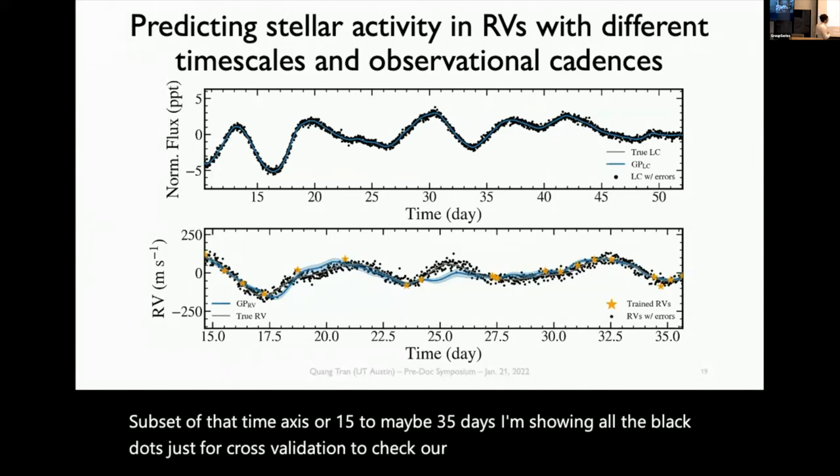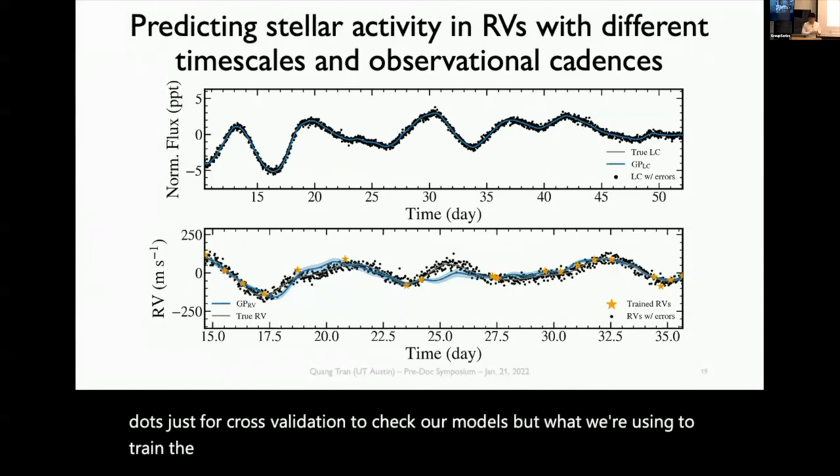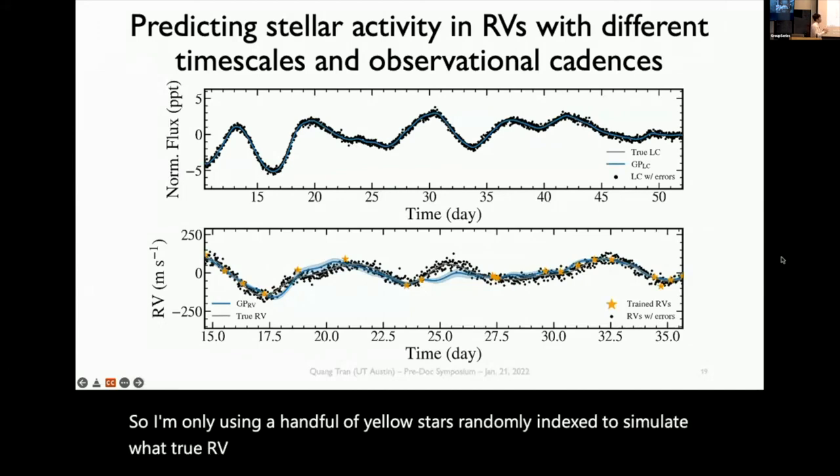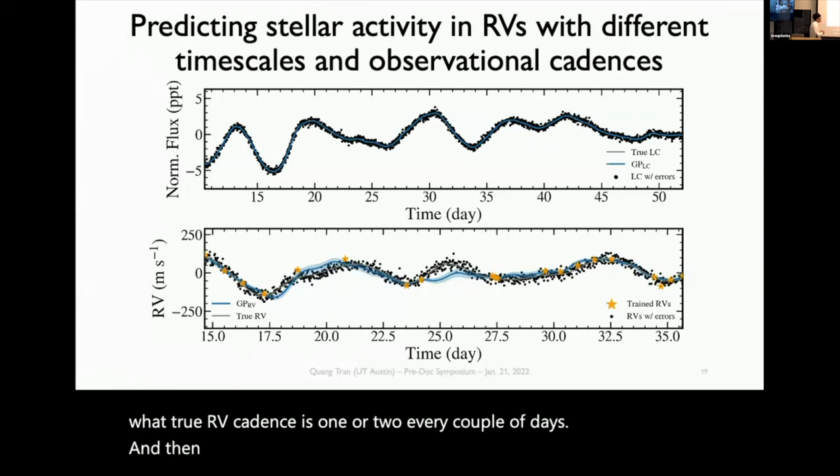But what we're using to train the GPs is actually the yellow stars. I'm only using a handful of yellow stars, randomly indexed to simulate what true RV cadence is, 1 or 2 every couple of days, and then using that much more sparse RV index to train our GP model.